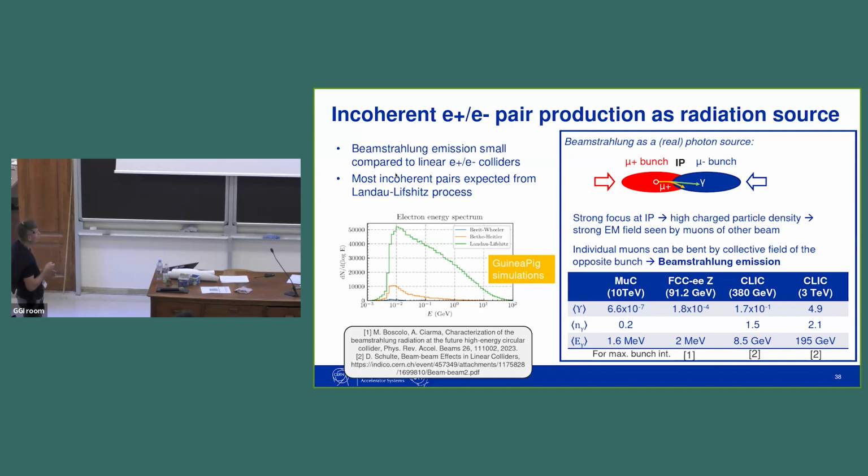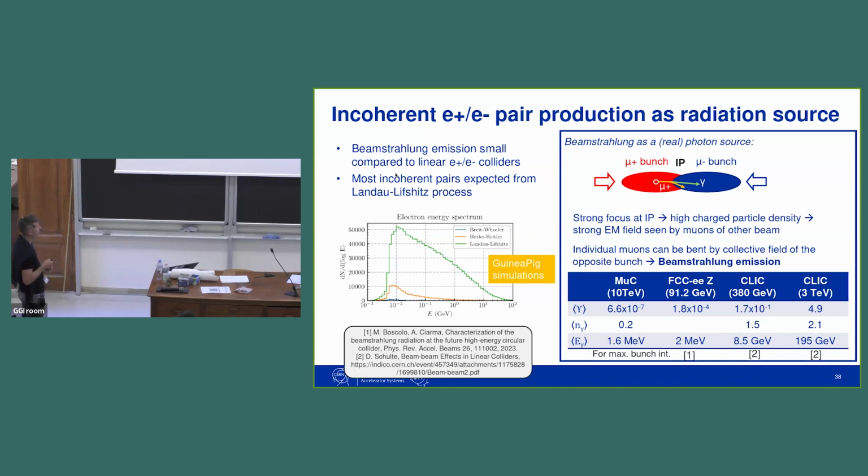Then when it's deflected, it emits a photon, and this is what we call Beamstrahlung. Now there's this Beamstrahlung parameter epsilon. I have some formulas for how to calculate it in the backup of this presentation. The slides will be distributed. The smaller the epsilon parameter is, the less severe Beamstrahlung is, in a simplified way.